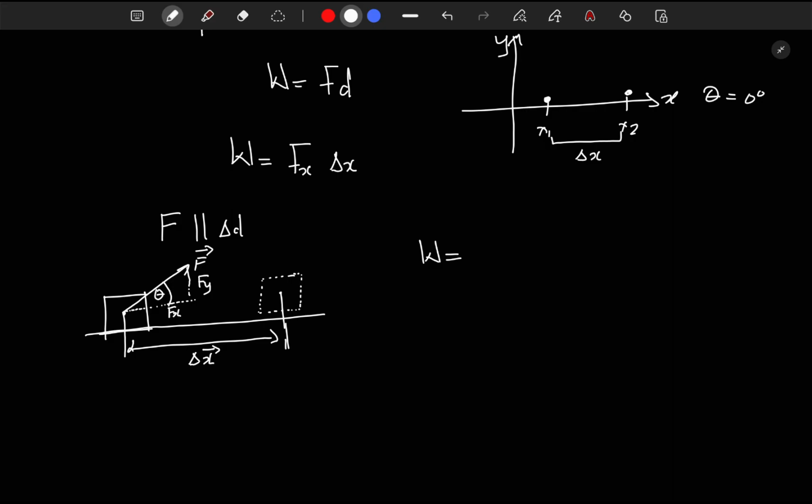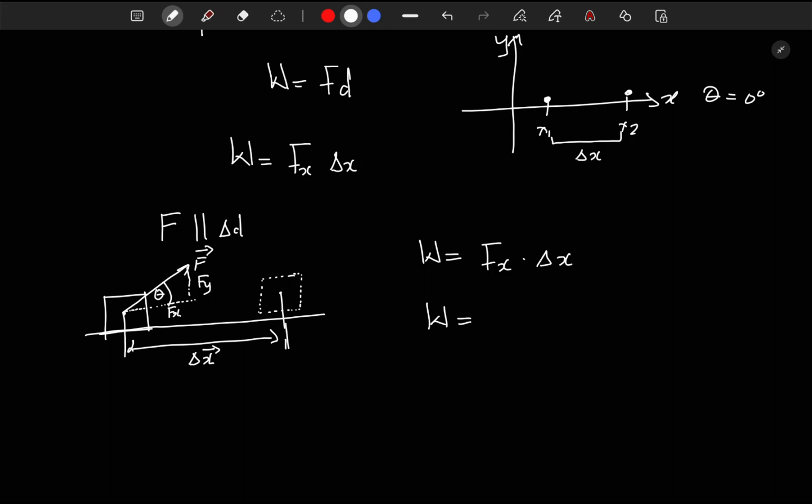Work is therefore given by the force in the x times the displacement. If you've done vector analysis, you know that the x-axis is associated with cosine. So we are going to add the angle there, cos theta.